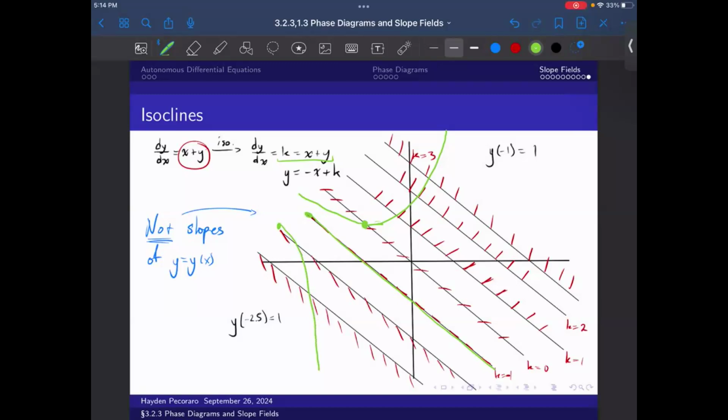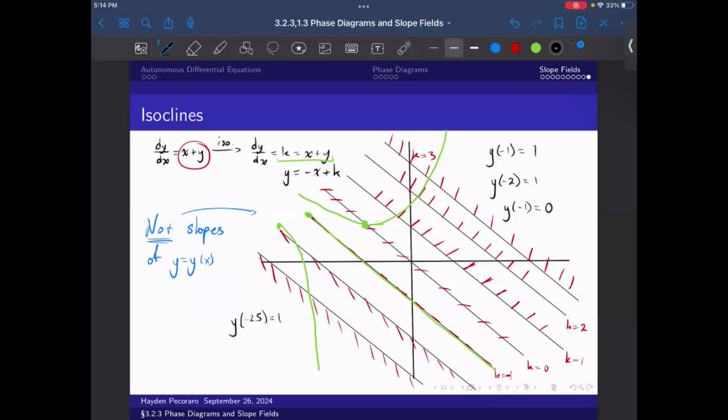Y of 1 equals 0. Yes, this initial condition was only for this graph. A proper initial condition for the one that I called an equilibrium would be more like this: y of -2 equals 1, or y of -1 equals 0.